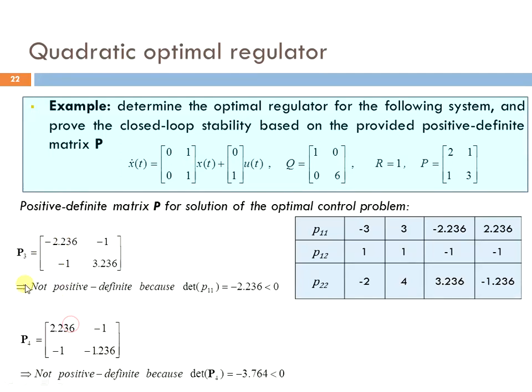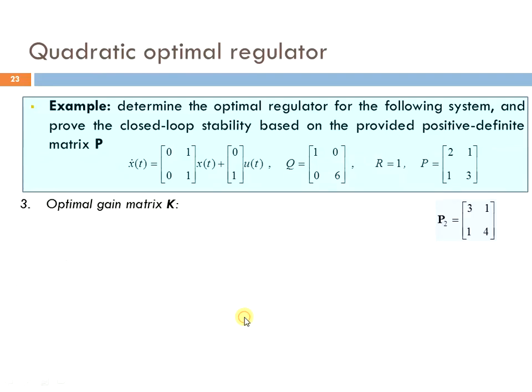The next one, the first term is positive. It has a determinant that is positive, but when we look at the determinant of the entire matrix, we find that it is negative. Okay, so we have proved that there is only one matrix which is positive definite, and it is built from the second set of elements.